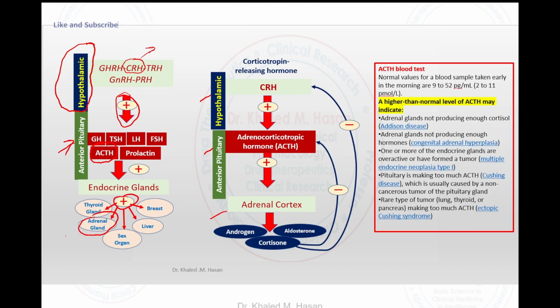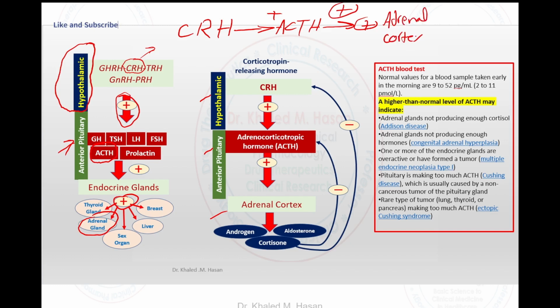So we can type here, for example, CRH, the hormone released from the hypothalamus, stimulates ACTH, and this will stimulate the adrenal cortex to release hormone, and the main hormone will be cortisol.